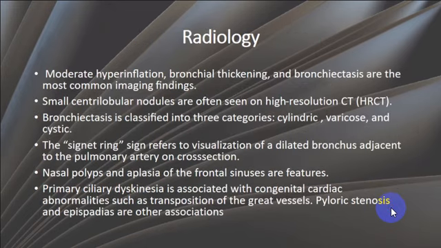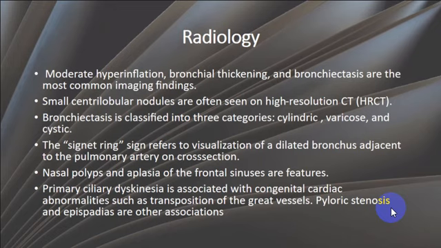What are the radiological manifestations of primary ciliary dyskinesia? We have moderate hyperinflation, bronchial wall thickening and bronchiectasis.